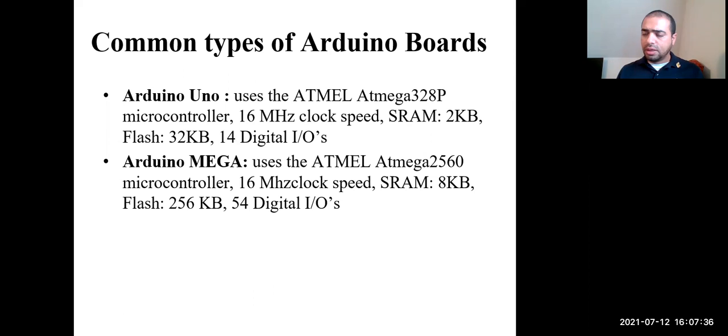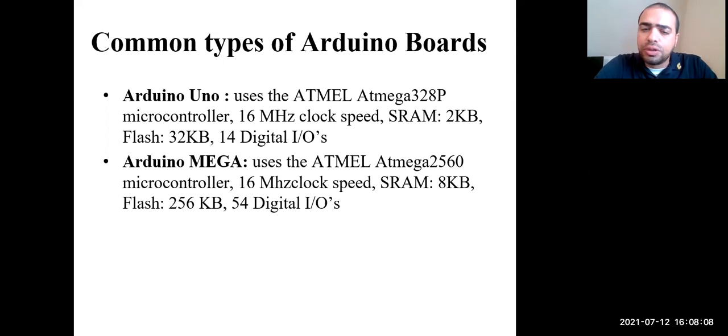Now again, Atmel was acquired by Microchip in 2016. The Arduino Uno is very commonly used, and the microcontroller has a clock speed of 16 megahertz, an SRAM, the random access memory, of 2 kilobytes, and a flash memory of 32 kilobytes.